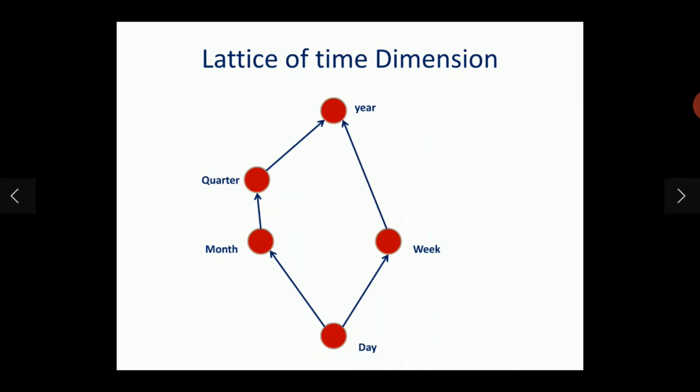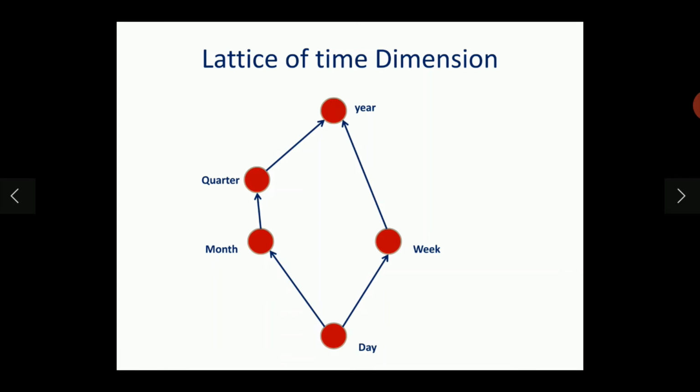This is the lattice for the dimension table. As you have studied in discrete mathematics, what is a lattice? It has a unique least upper bound as well as a unique greatest lower bound. In this case, for the time dimension, the time may be represented in terms of days and months. So 12 months form a year, 365 days form a year.